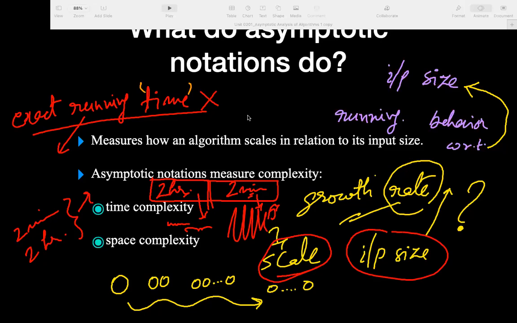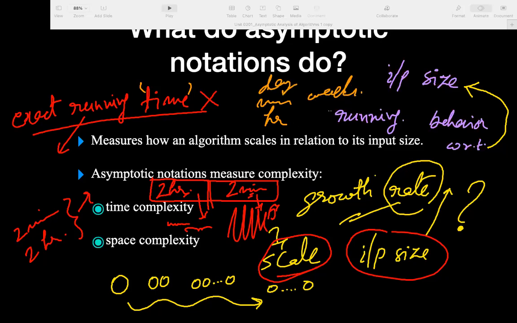Running time depends on the number of operations we have to perform, and it also depends on the computer's instruction set and so on. So even if you have very simple code, different types of computers are going to take different amounts of time. So we are not interested in minutes or hours or days or weeks.